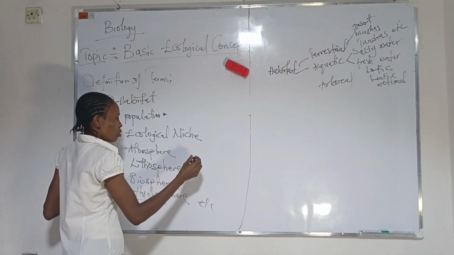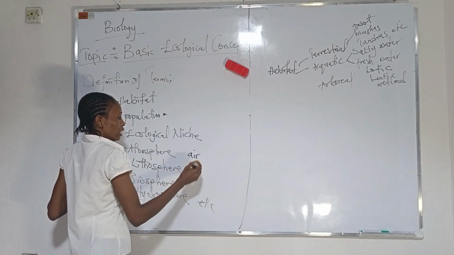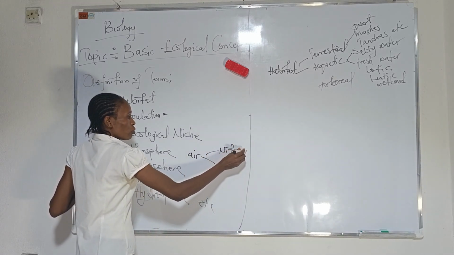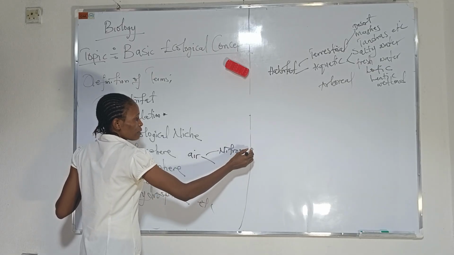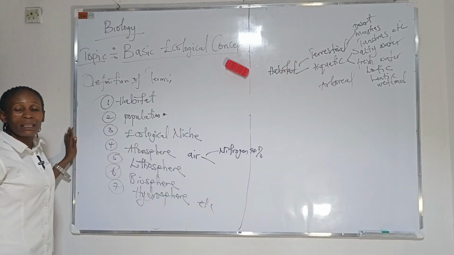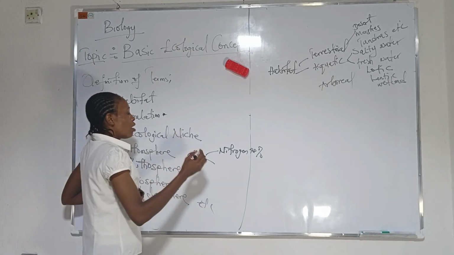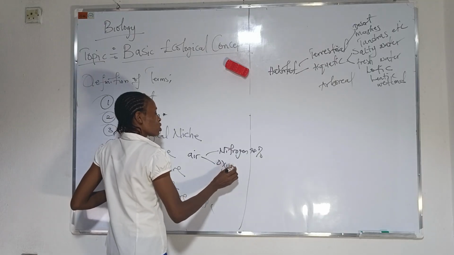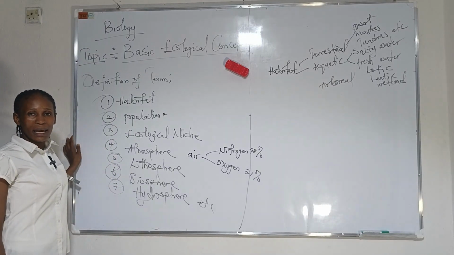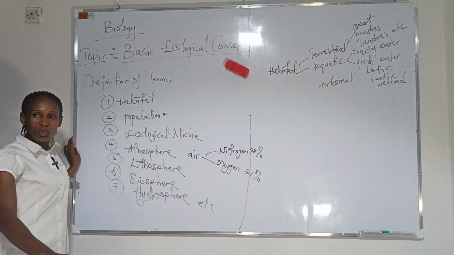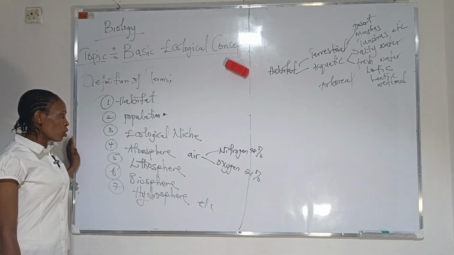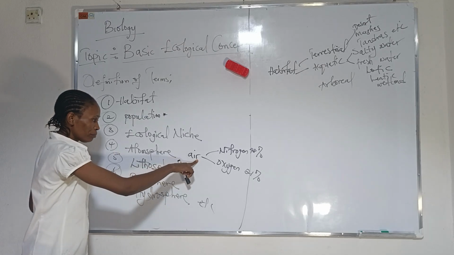Some of the gases which our air contains include nitrogen, which we have learned forms 78% of the atmospheric air. Oxygen contains 21 percent of the atmospheric air. And there are some other trace elements that we can see in the atmosphere.